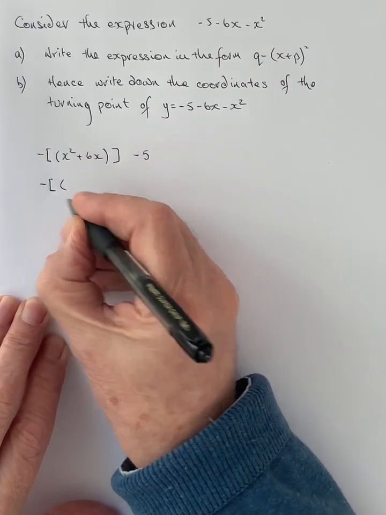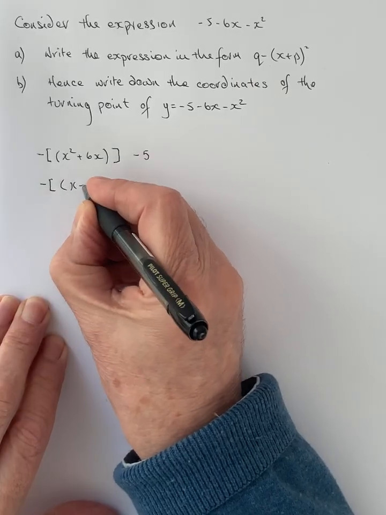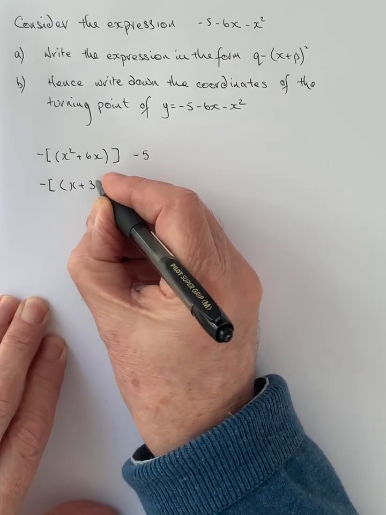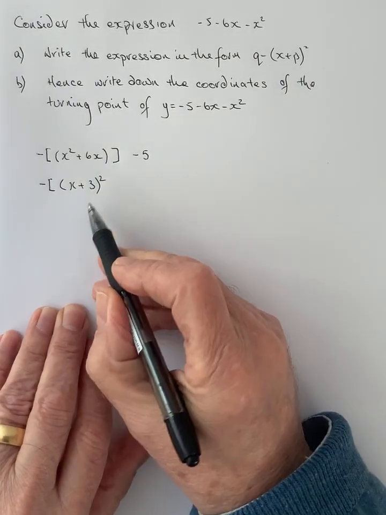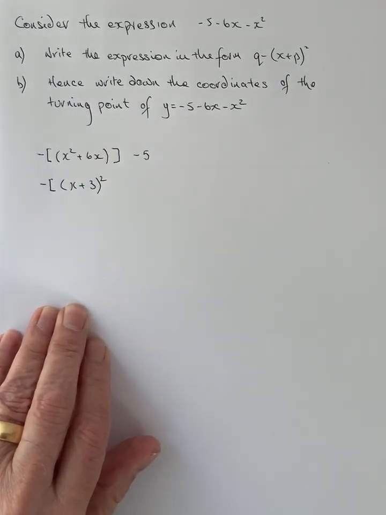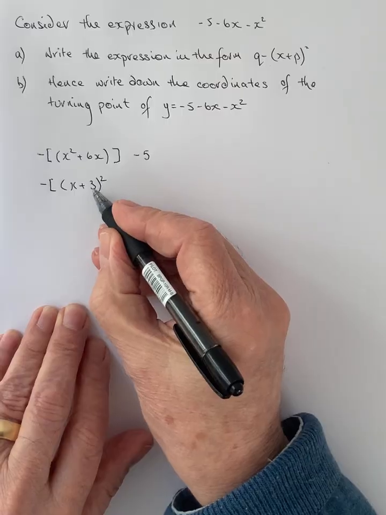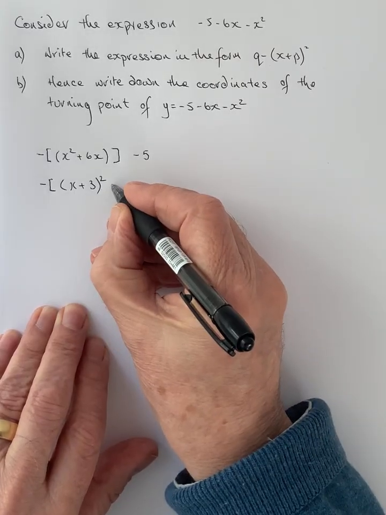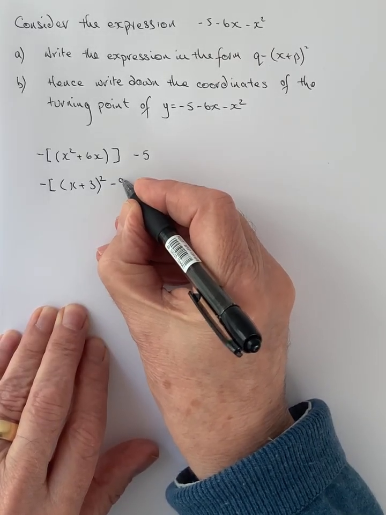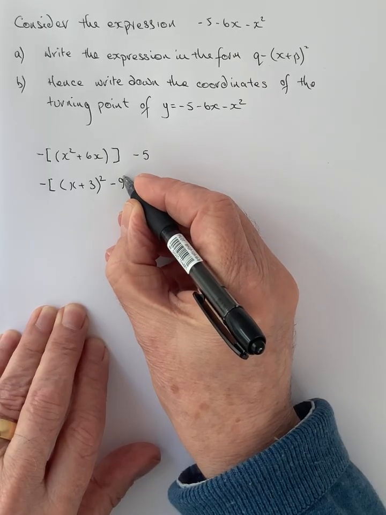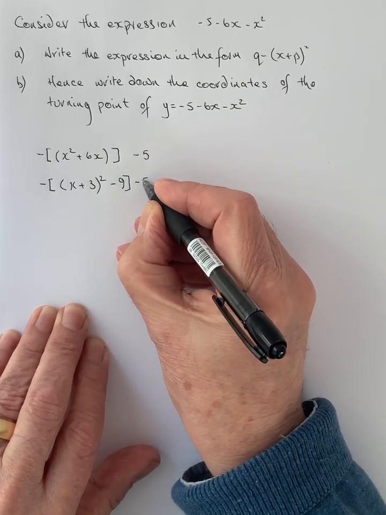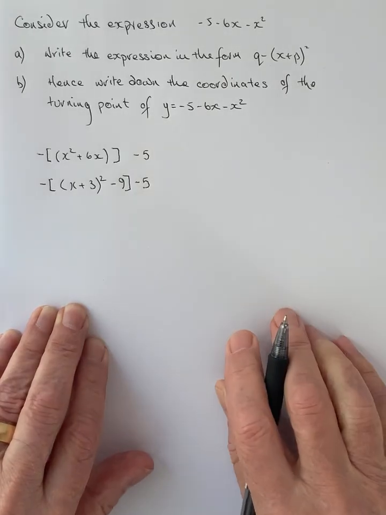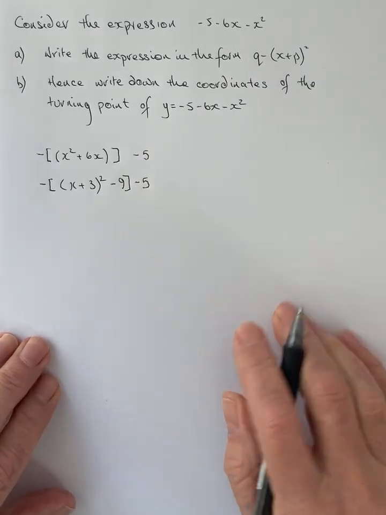So it's open brackets x plus 3 squared. Plus 3 squared is 9, so we have added 9 here, and we need to then subtract that 9 so that we're not changing the expression at all. -5. That's the second part of it done.